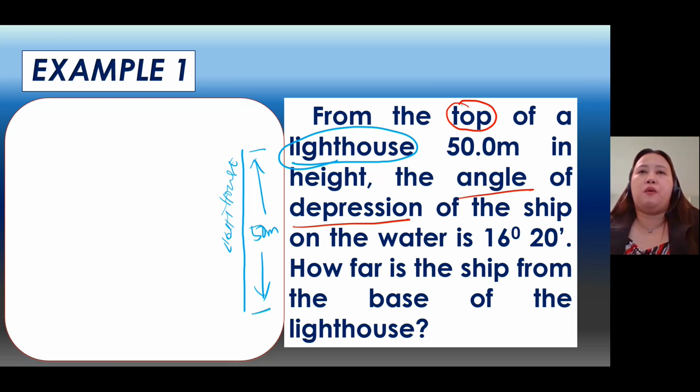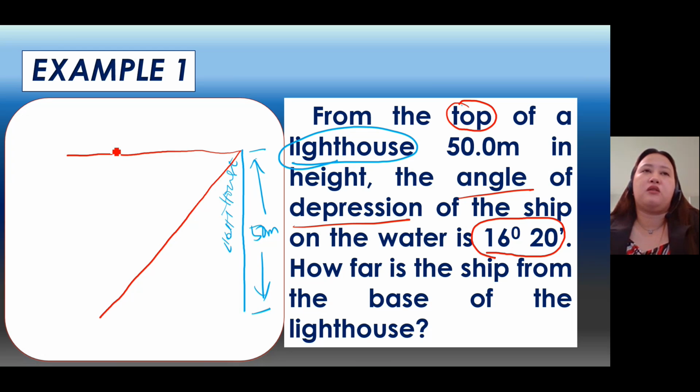So from the top, you draw a line, and you need to include the 16 degrees 20 minutes in the illustration because that is the angle. Remember, to form the angle, you should have the horizontal. So this is the horizontal, and the angle here measures 16 degrees and 20 minutes.